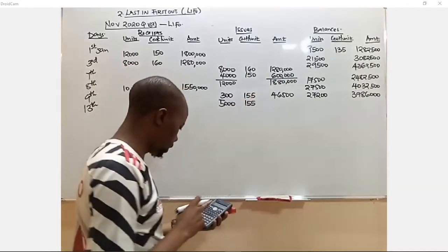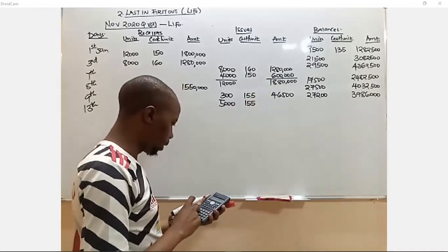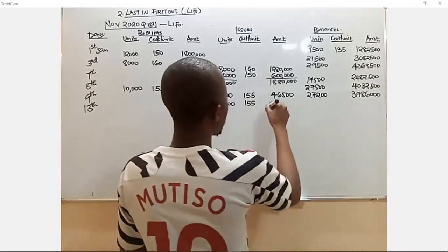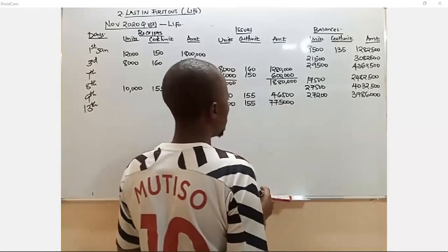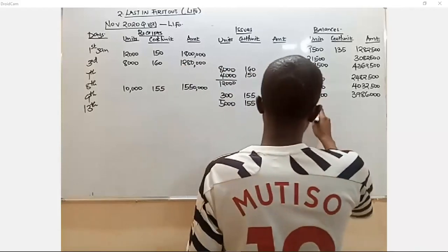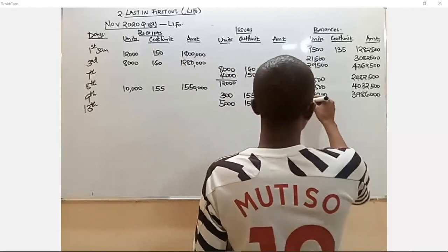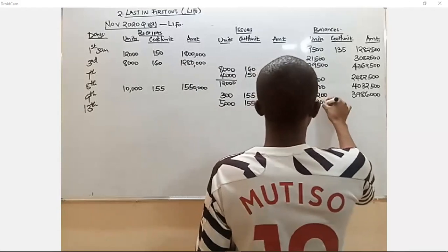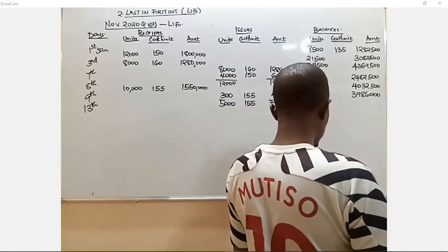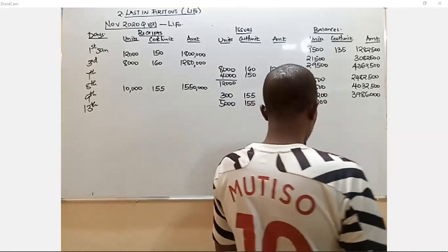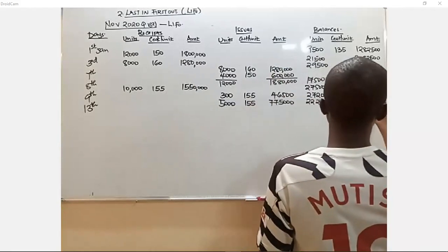So how much are we getting? 5,000 by 155, getting 775,000. Subtract from your ledgers, from your balances. So 5,000 here, we are getting 22,200. When you look on that, 39,86,000 minus my answer, I'm getting 32,11,000.